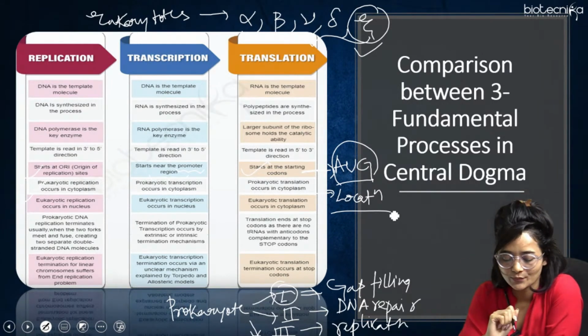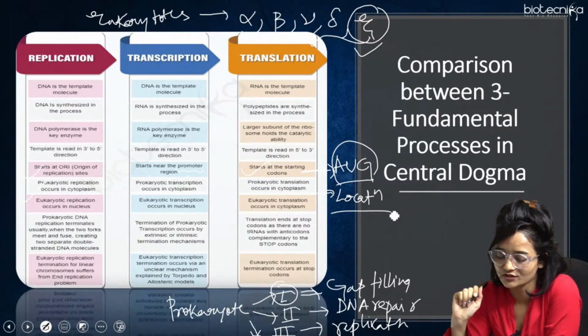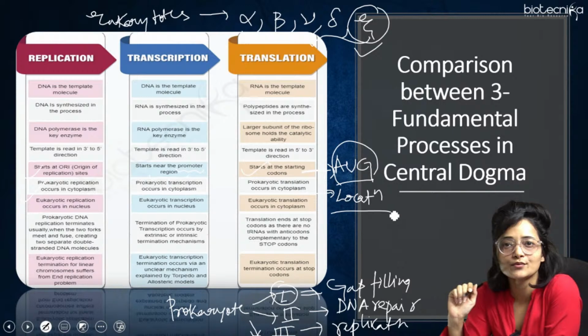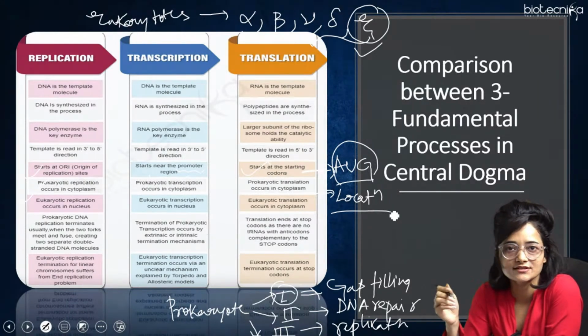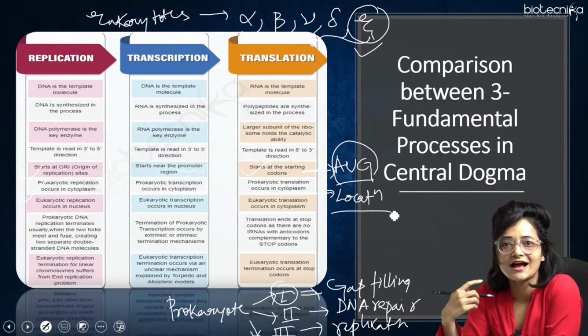So location is very important. Prokaryotic replication, transcription, and translation all occur in the cytoplasm. For eukaryotes, replication and transcription occur in the nucleus, and translation occurs in the cytoplasm.